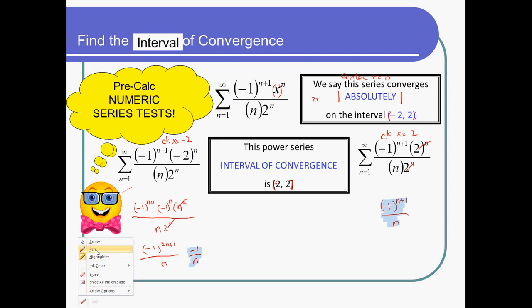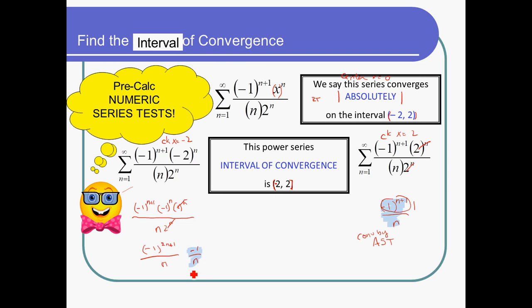Well, I hope you can see that here, by the alternating series test, the n plus 1 terms have alternating signs, right, this is the alternating part, and then the 1 over n terms go to 0. So it converges by the alternating series test.